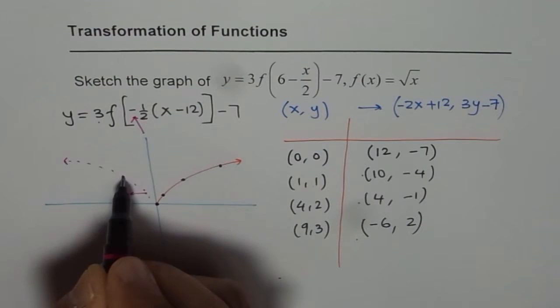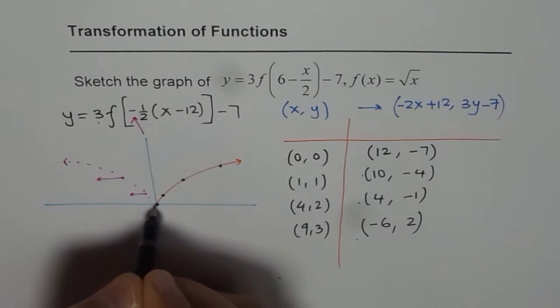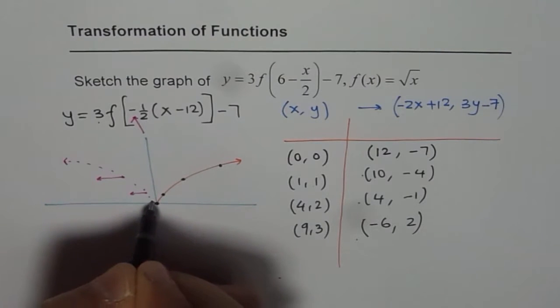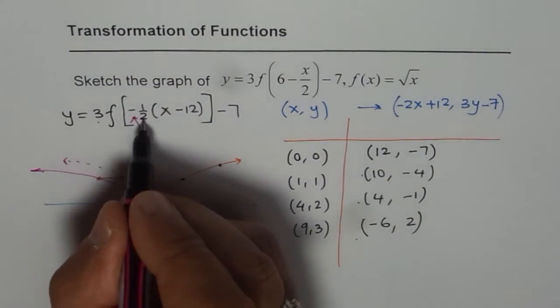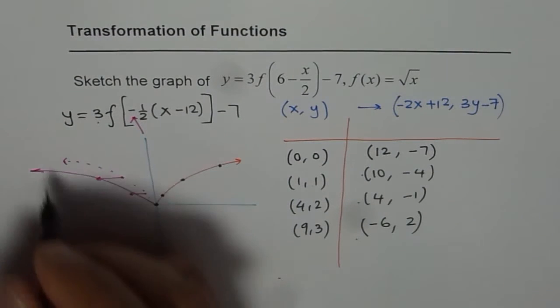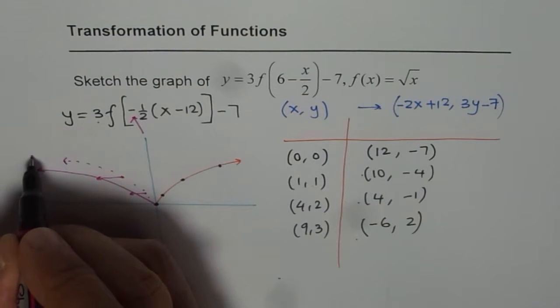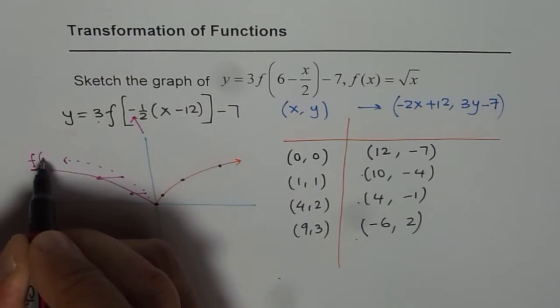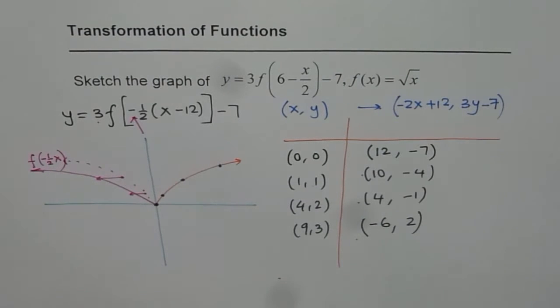So you get a flatter shape. So this is after minus half of x. I can write this as f of minus half x. So that is this particular stage.